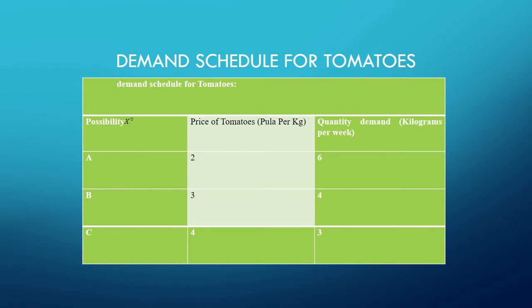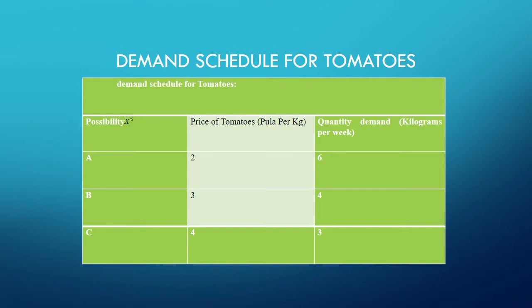For example, if we look at the demand for tomatoes, according to this schedule, we can see that when the price is 2, the quantity demanded is 6.